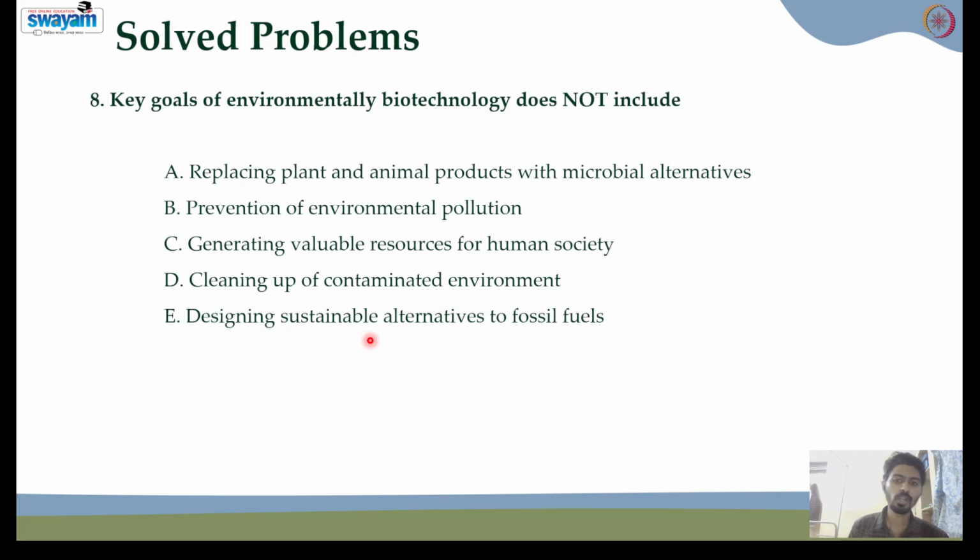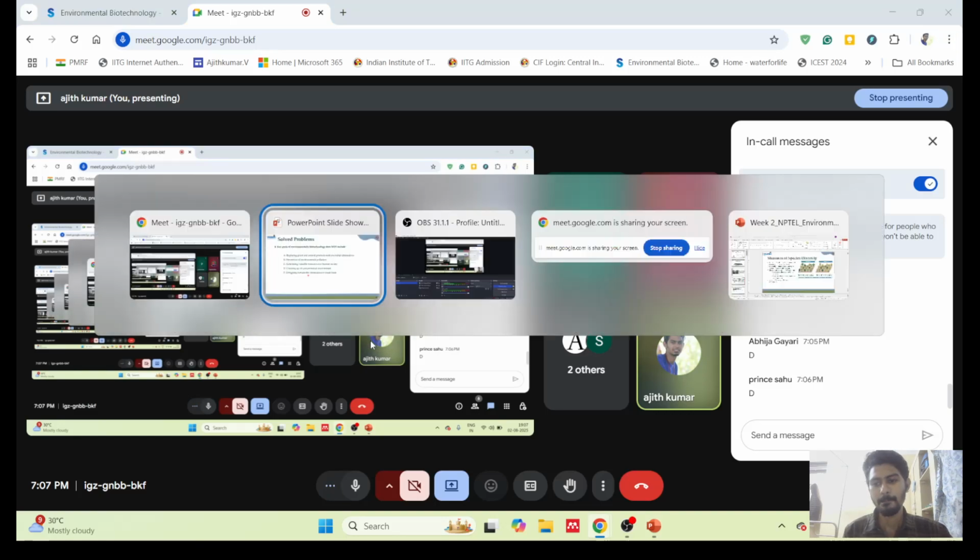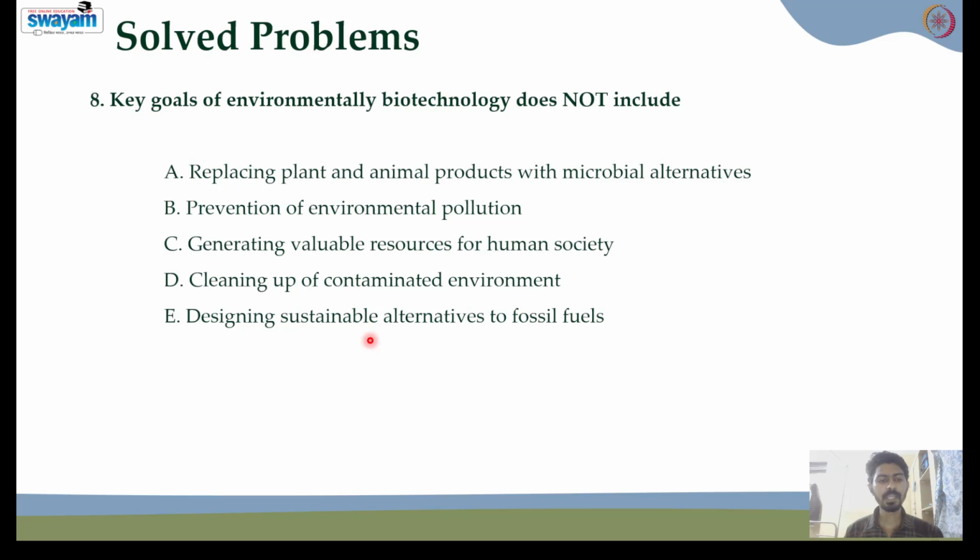So which does not belong in the key goals of environmental biotechnology? Any answer? I will repeat it. Key goals of environmental biotechnology does not include.